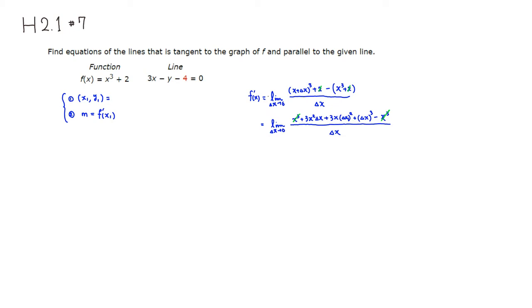They all have delta x in common, so I'm going to factor out the common factor.